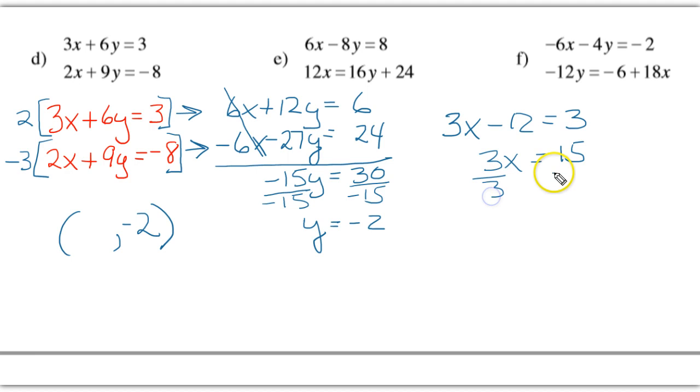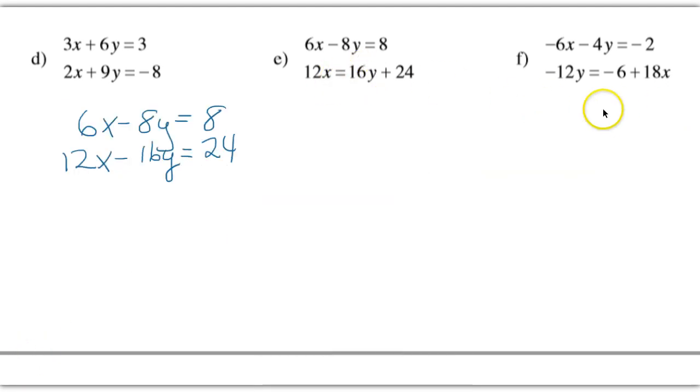Divide both sides by 3, I get x equals 5. And there's my ordered pair, where they would intersect. Now, notice they are taking a little bit of time and study and creative work, a little bit of artistry here as you work these numbers.